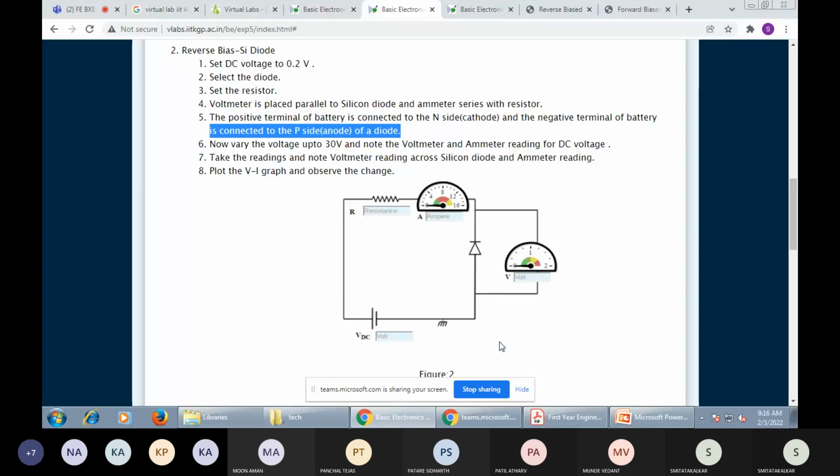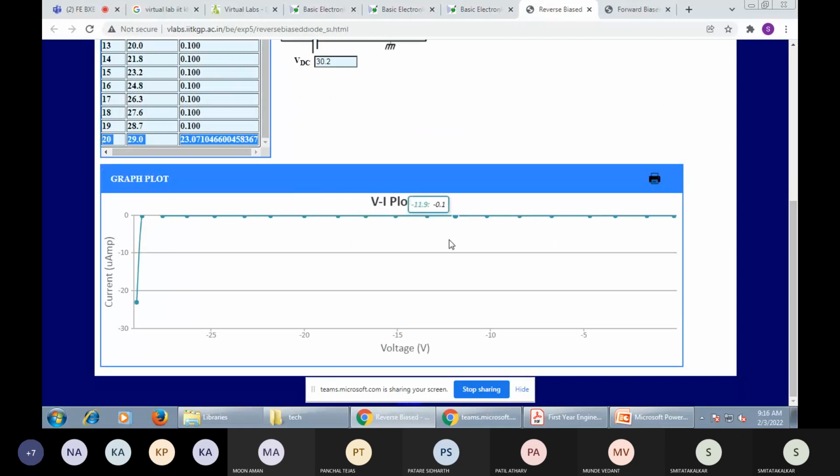The supply is negative. That's why the diode increases the barrier potential width for negative charge and positive charge. It's a short circuit, meaning the circuit is open in the equivalent circuit. This is the equivalent circuit, and this circuit is short. That's why in reverse bias the diode goes to breakdown.